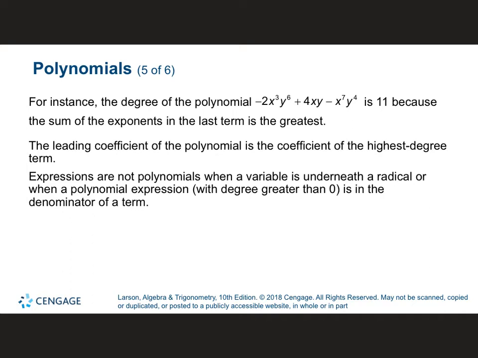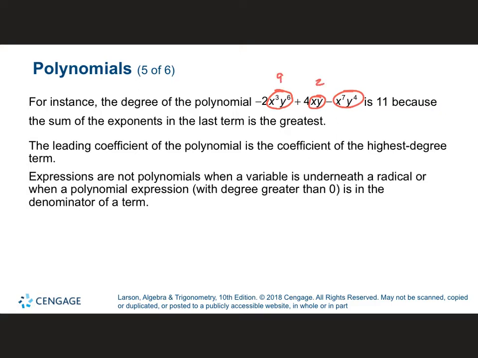All right, so if you have a polynomial that has a combination of variables, do you see here how we have x's and y's? Here are x and y, x and y. You have to sum the exponents in order to get the degree of this polynomial. Sum means to add. So in this case, this sum would be 9 because 3 plus 6 is 9.